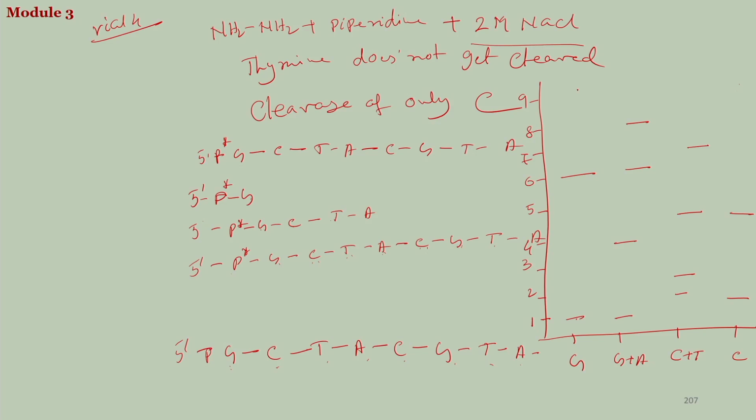It has to come here, A. So, that would finish it. G, C, T, A, C, G, T, A. Yeah, that will be it.